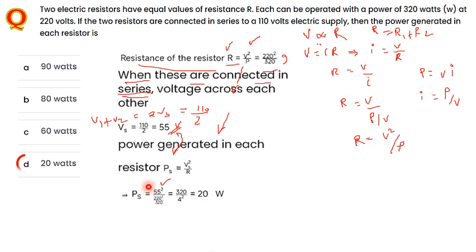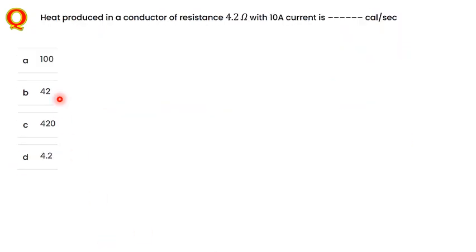20 watts. Next question of this topic is heat production in a conductor of resistance. A conductor having a resistance of 4.2 ohm with a 10 ampere current is, so what they have given here is calories per second. Now this one, heat production, in this case is heat energy.